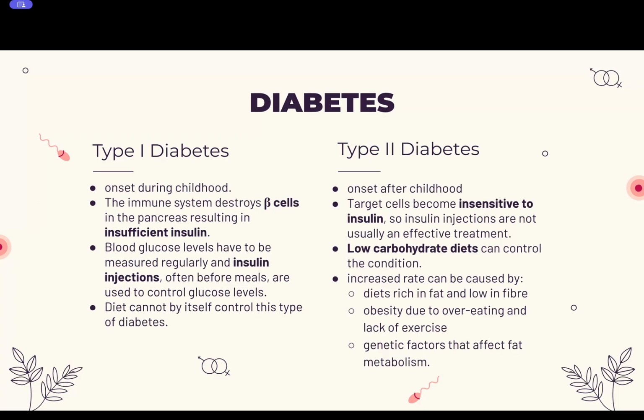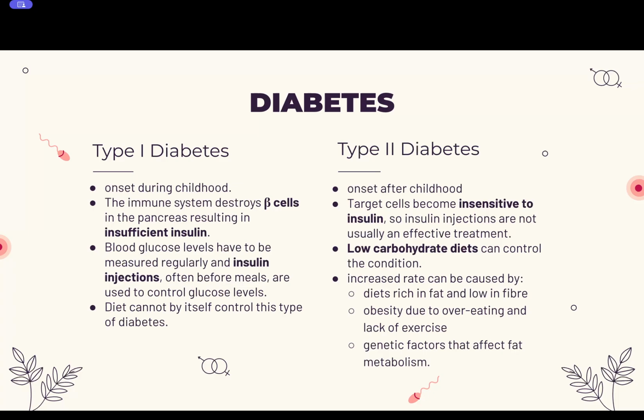and insulin injections, often before you eat something, are used to control the glucose levels. Insulin injections are basically a shot of insulin that works in the same way a normal body would, but since your own body can't produce the insulin, you have to inject it from external sources.